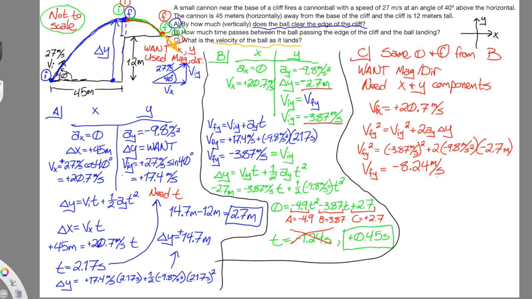Now we have the x and y components, so we do our vector stuff to put them together. I'm going to draw my vector first. First we have v final in the x direction, which points to the right because it's positive. And when we draw our triangles, we take the positive or negative into account by the direction we draw the arrows, and then each side is just given a number.